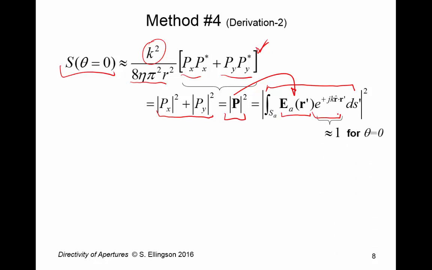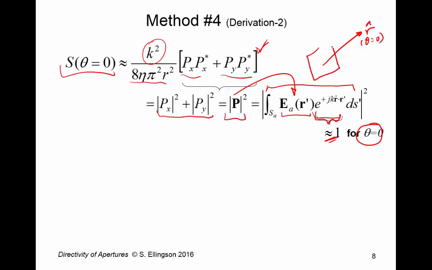Now, that part, the phase factor, in this case is going to be very, very close to 1. And the reason is because we assumed that the direction of interest is theta equals 0. Let me show you why this is. So here's R. That's pointing to the field point, which is along the theta equals 0 direction.